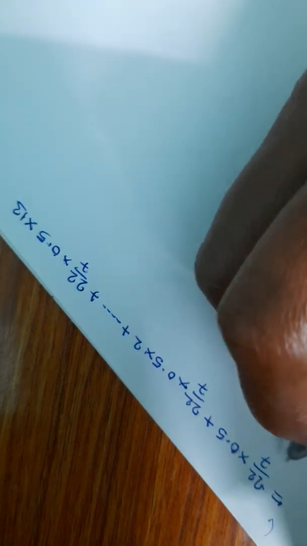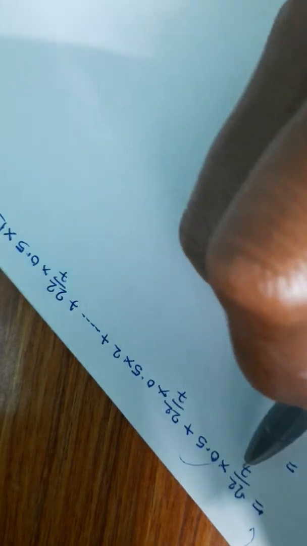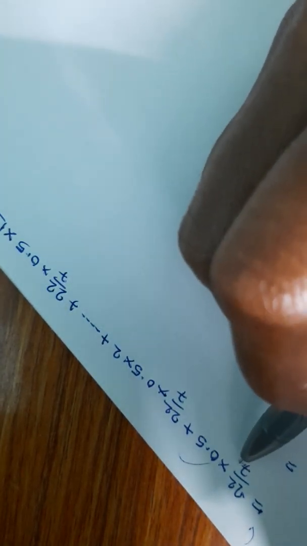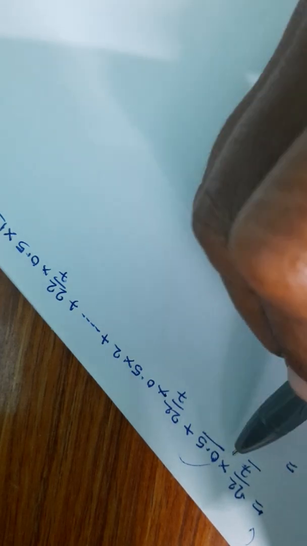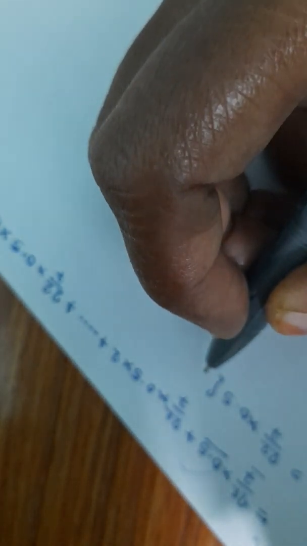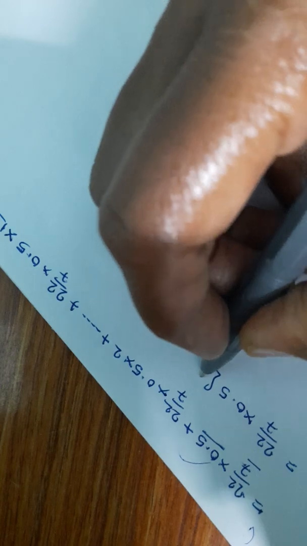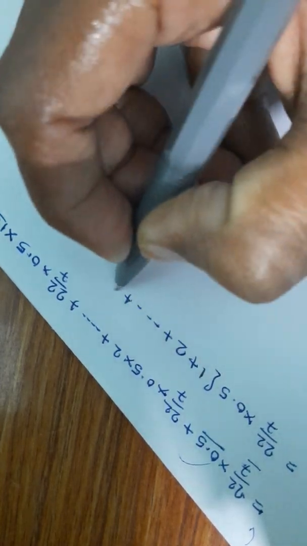We find that 0.5 and 22 by 7 are common in each term. Just take them out, and we get 1 plus 2 plus and so on plus 13.